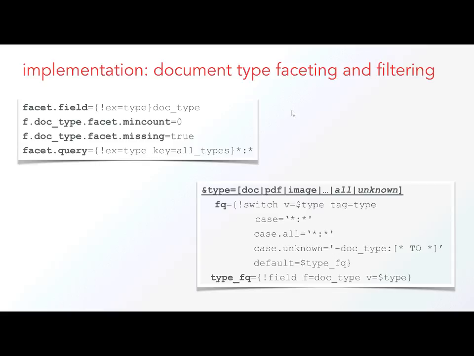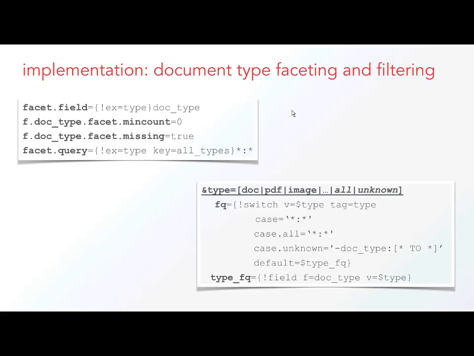It switches off of that value. If there is no type parameter submitted on the request, that top case, the default case, star colon star is used. So all types are shown. So filtering FQ equals star colon star effectively means no filtering. If type is equal to the special word all, then we also use star colon star.